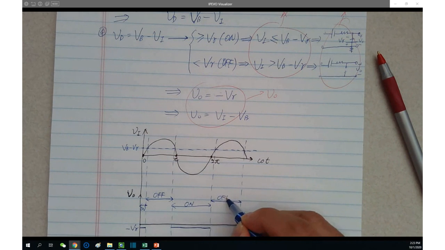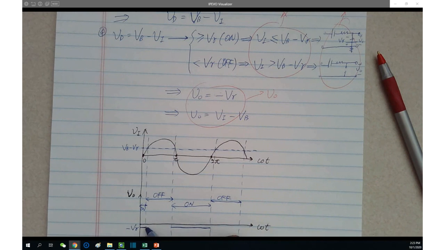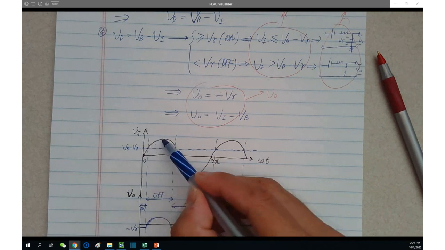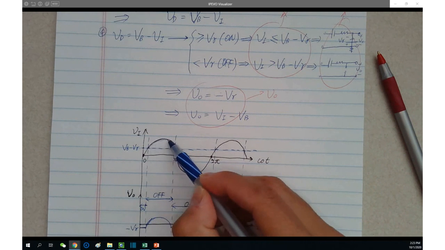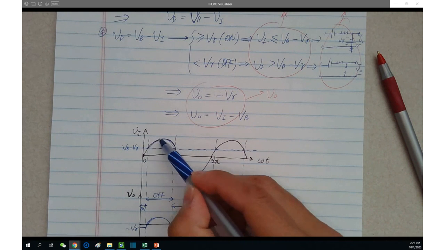Off state means Vi minus VB. Vi shifted down by VB. This portion is like this. It's not the entire positive half cycle. No, it's not.